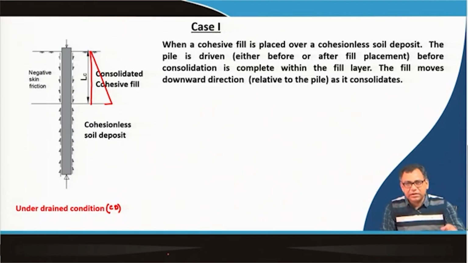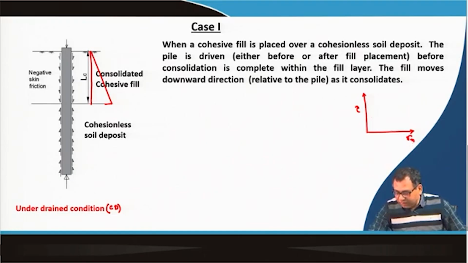That is the actual condition, because the soil is moving downward because of the consolidation. So that is why you have to consider the drained properties of the clay. And you know that for the triaxial test, if you do it as a CD triaxial test, with tau and sigma n axes, then your Mohr-Coulomb failure envelope will pass through the origin if the soil is normally consolidated clay.